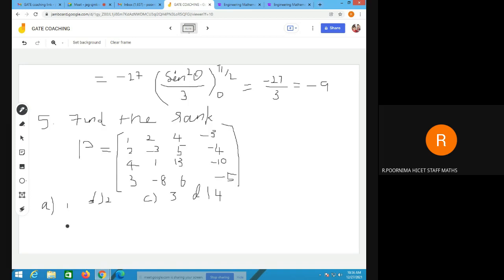So first we need to find the rank using only row operations. Here, row 2 is there, so you use this row operation: R2 goes to R2 minus 2 R1.